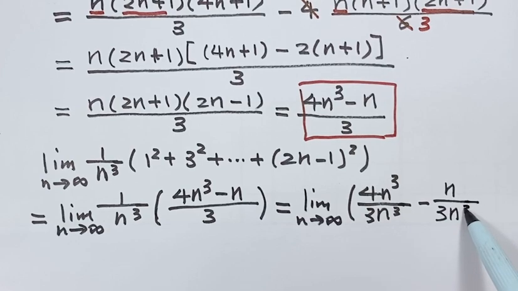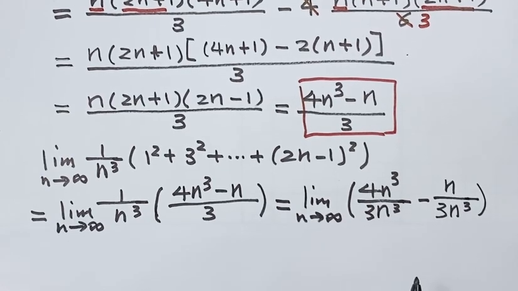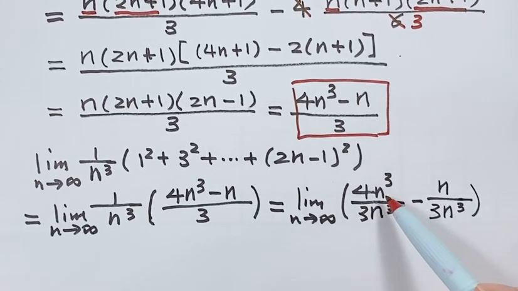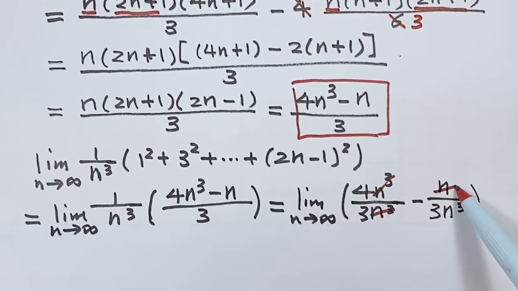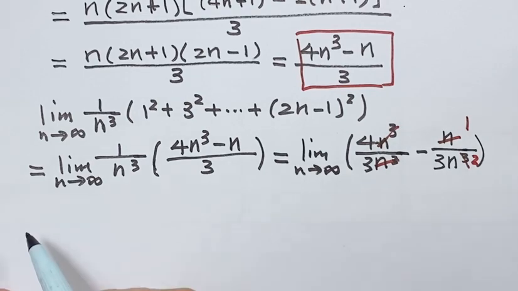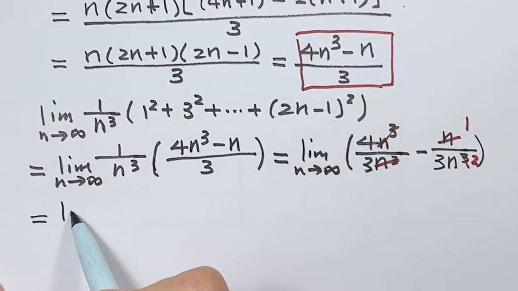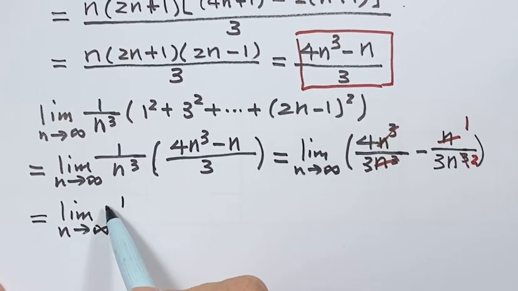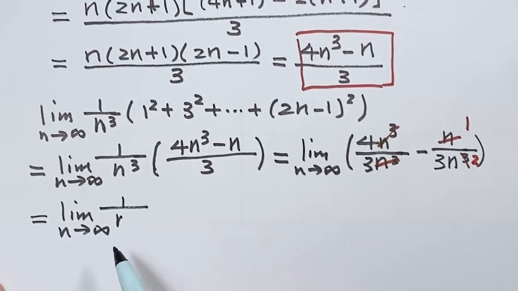Then n to the third and n to the third cancel, just 4 over 3. Here we have n on top and n to the third on the bottom, so cancel this one, and the power 3 minus 1 leaves 2. So then we have the limit as n goes to infinity.